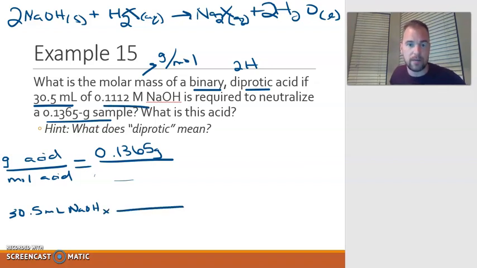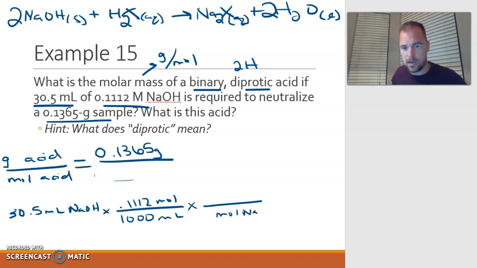I know the molarity of the base, and so for every 1,000 milliliters, there will be 0.1112 moles of the base, the sodium hydroxide. Then I want to get out of moles of the base, NaOH, and into moles of the acid. I have no idea what the acid is, but I know it's H2X. Well, I know my mole ratio: for every 2 moles of base, I will need 1 mole of the acid.